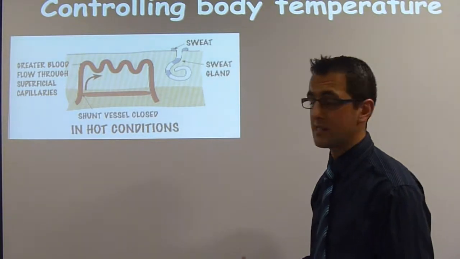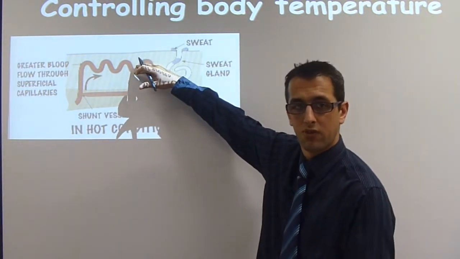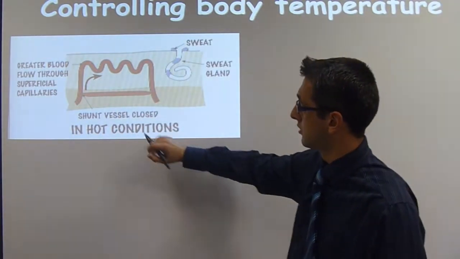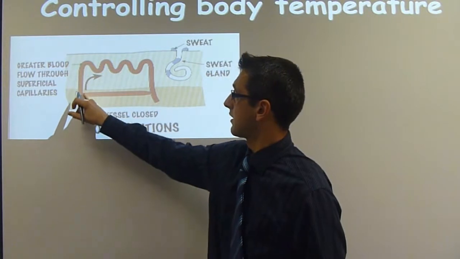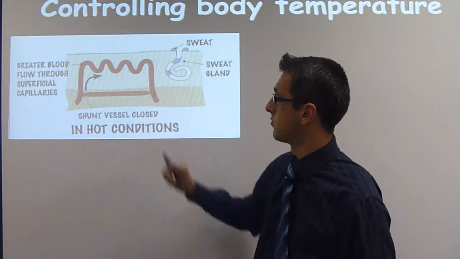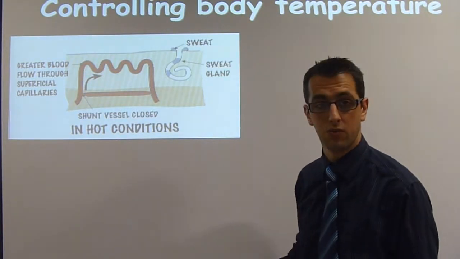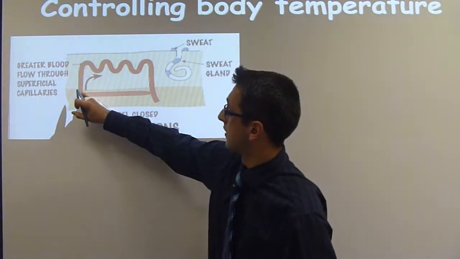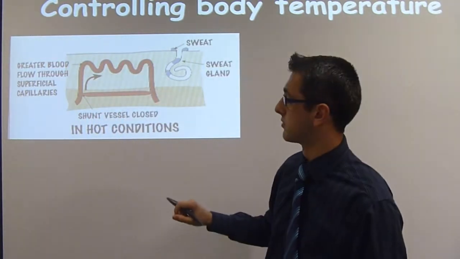And so to make that an easier process, the blood needs to be brought closer to the surface to make the radiation much easier. So to do that, when you get hot, tiny little muscles that control the opening and closing of these blood vessels are allowed to open, thus allowing the blood to flow through these top blood vessels.